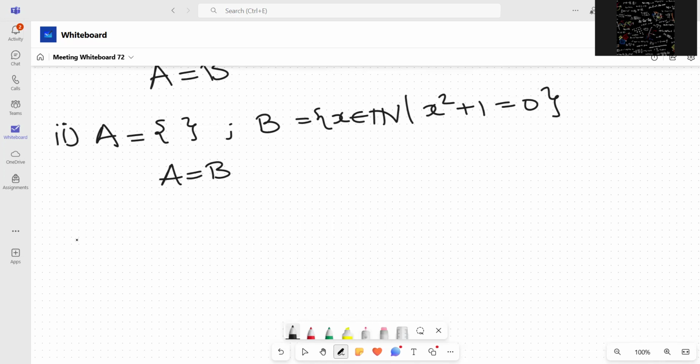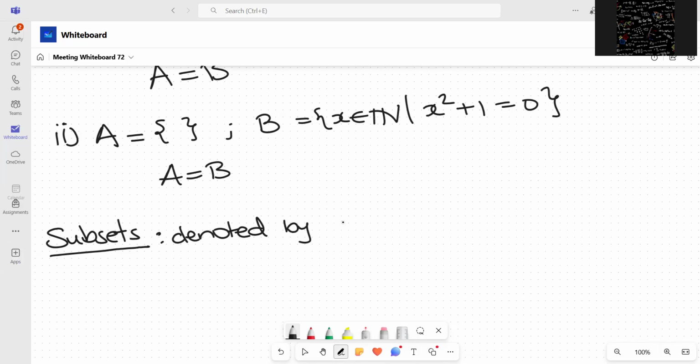Then we talk about subsets. Okay, so sub, I'm sure you know already, means a part of something. So when you talk about subgroups, subregions, sub of something, it comes from a bigger one. Okay, so a subset, we denote them. So these are denoted by the symbol. It looks like a C with a line underneath.